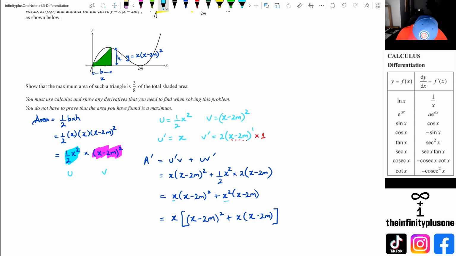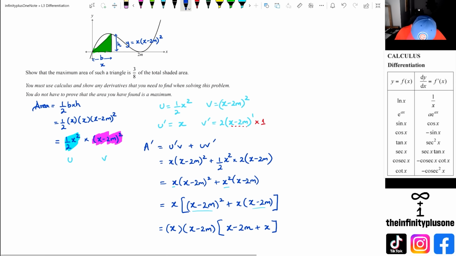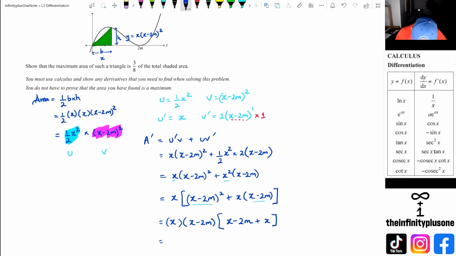Next, I'm going to take out (x minus 2m) as a common factor, which means I get x multiplied by (x minus 2m), and inside the bracket I've got (x minus 2m) plus x. So this can now be written as x times (x minus 2m) multiplied by (2x minus 2m).